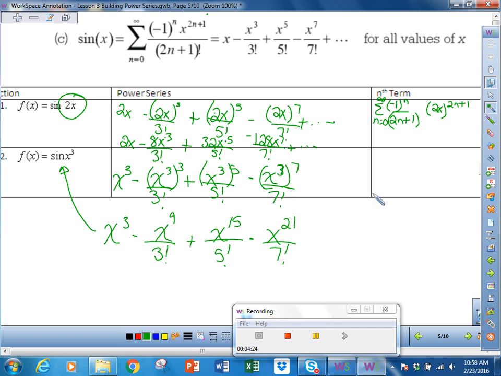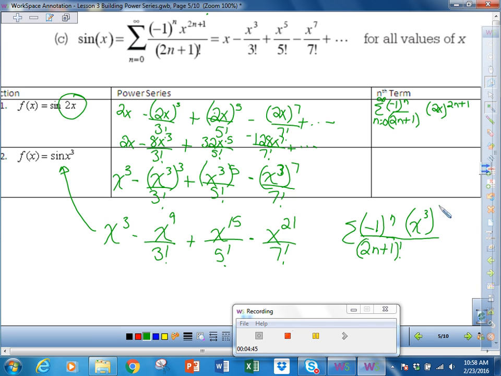All right, so what would my nth term look like? Once again, every place I see x, I'm going to replace it with x to the 3rd power. Everything else remains the same. And that is x to the 3rd raised to the 2n plus 1.